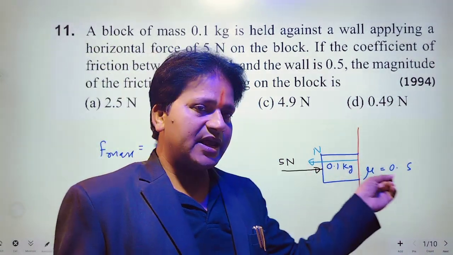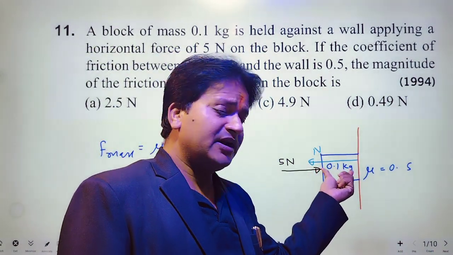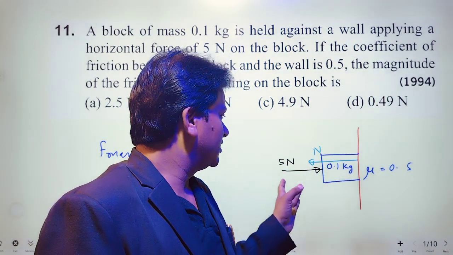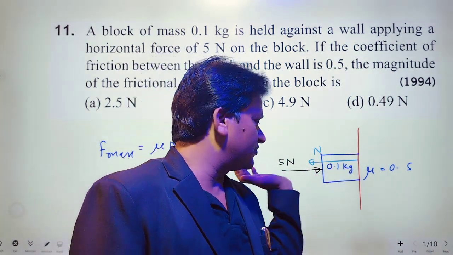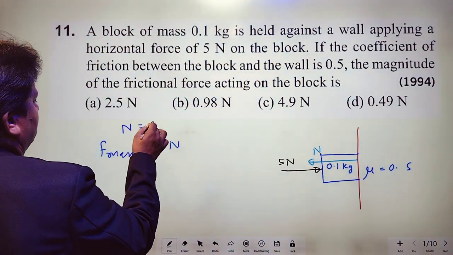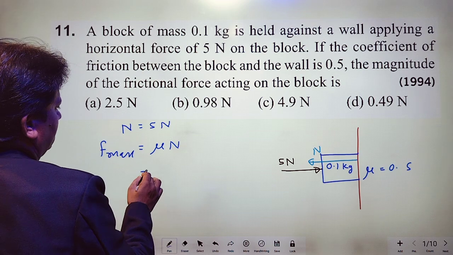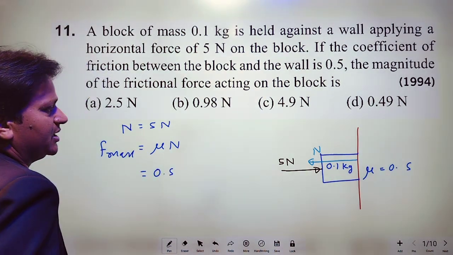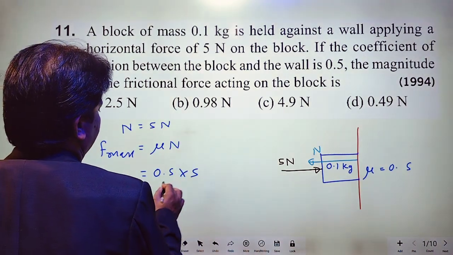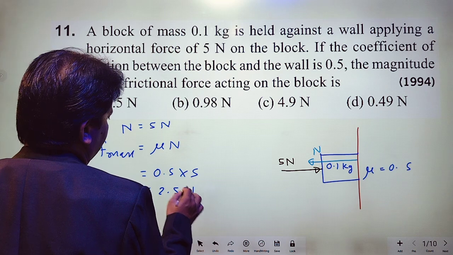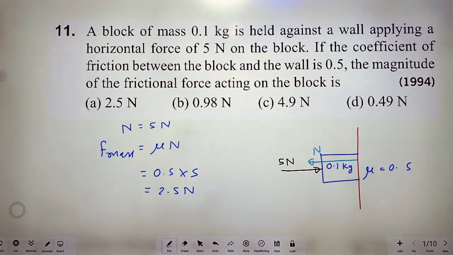In the horizontal direction, the net force acting on this block will be equal to 0. Therefore, N is equal to 5 Newton, and mu is given as 0.5. This will be equal to 2.5 Newton.